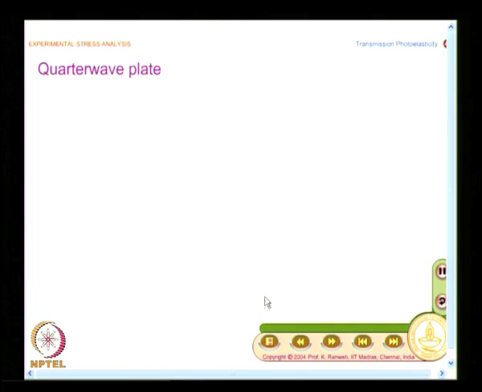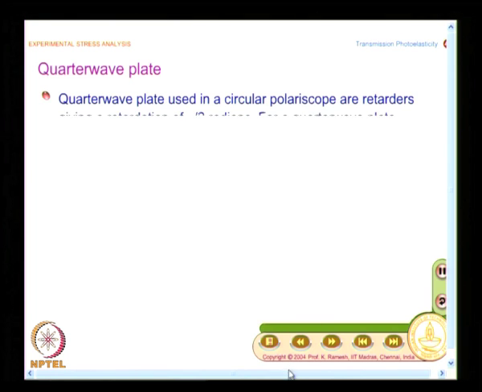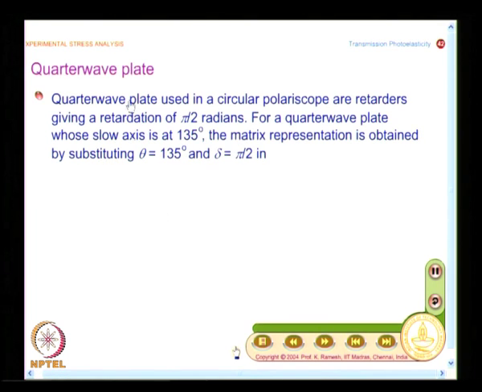how it is oriented, and it is a retarder, but the retardation is known. A quarter wave plate gives a retardation of pi by 2 radians. So, that is what we will have a look at, and then we have this as a quarter wave plate. Quarter wave plates used in a circular polariscope are retarders giving a retardation of pi by 2 radians.